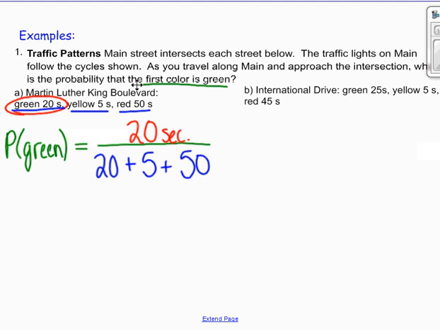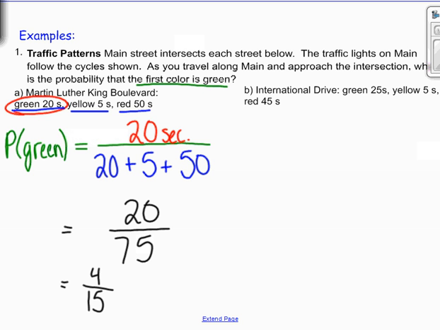So if we simplify this fraction, we get 20 over 75. And then we reduce that. So 5 goes in both. Or 4 over 15. So that's as a fraction.